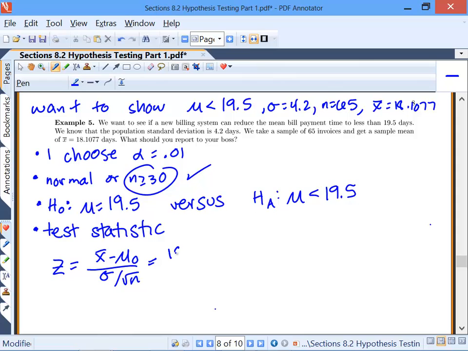And we just plug everything in. 18.1077 minus my mean for my null hypothesis, which is 19.5, over 4.2 over the square root of n. So negative 2.67.